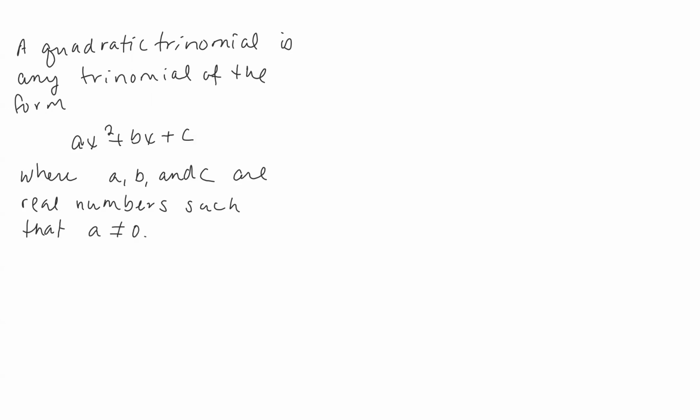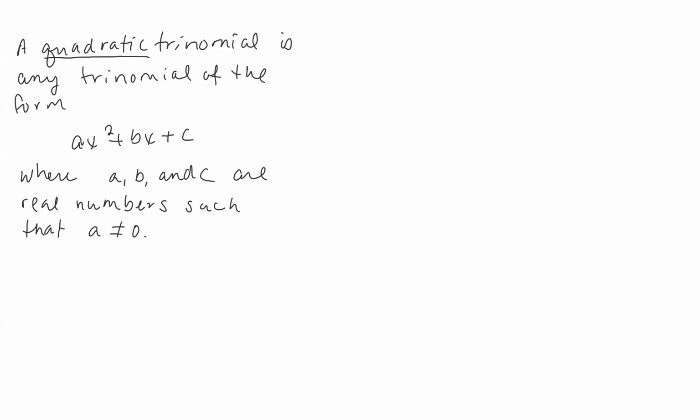Okay, so a quadratic trinomial is any trinomial of the form ax squared plus bx plus c. A, b, and c are real numbers. That means they can be decimals, they can be fractions, they can be integers, whole numbers, whatever. The only condition is that a cannot equal 0.